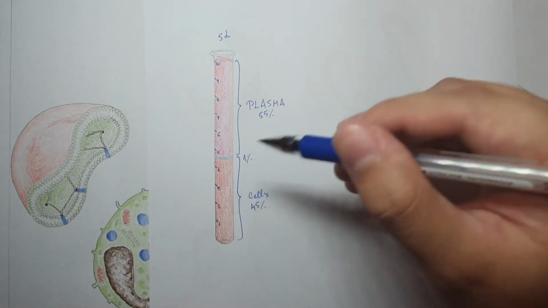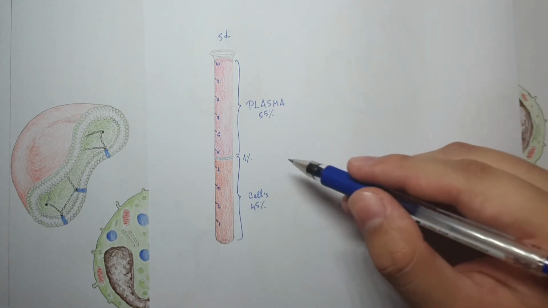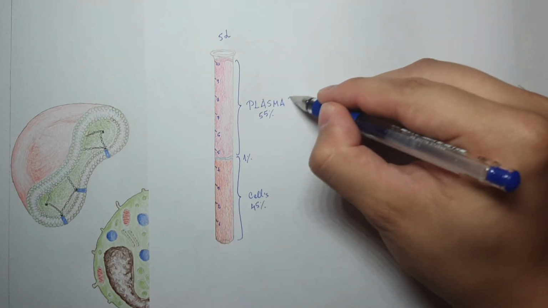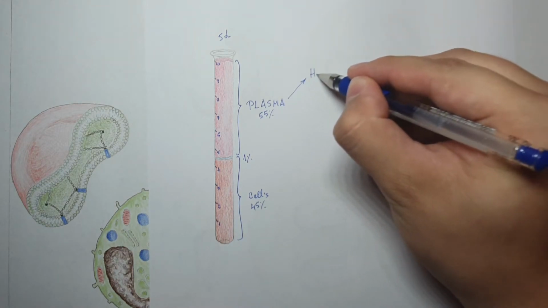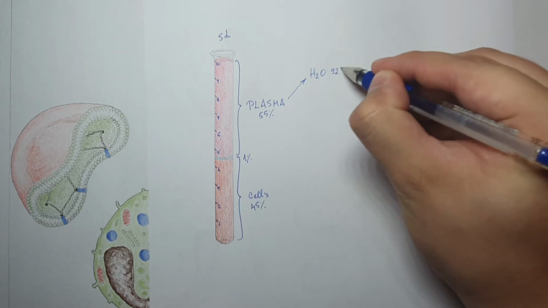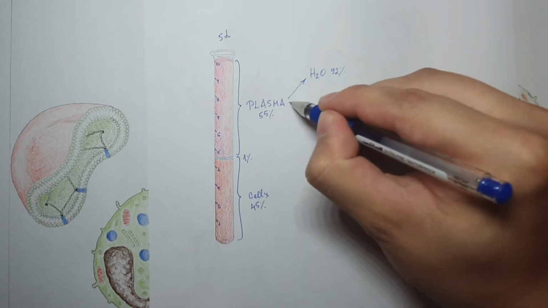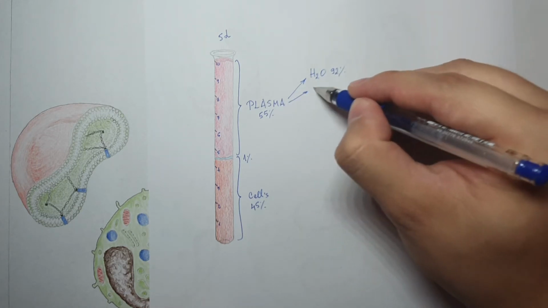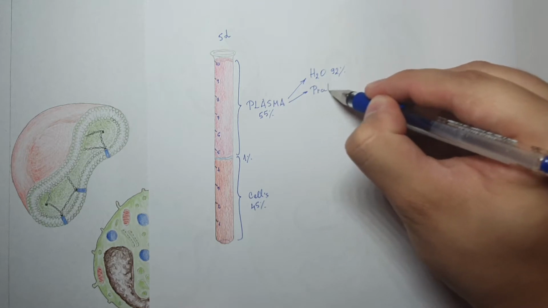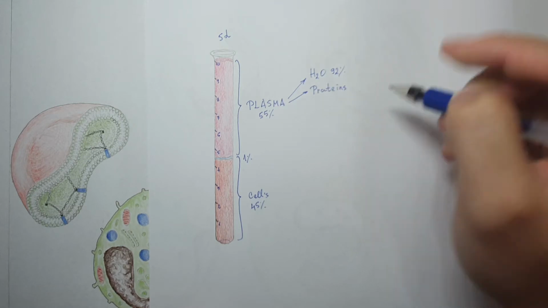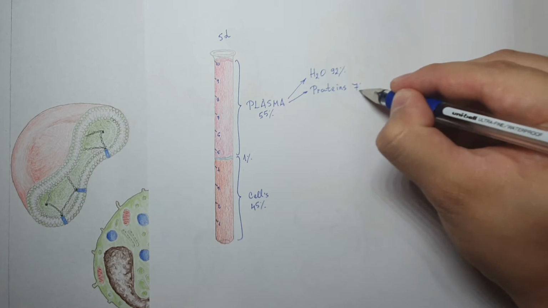Plasma, if we take a look at the structure of plasma, is mostly water. About 92% of plasma is water, and it is also made of proteins, about 7%.